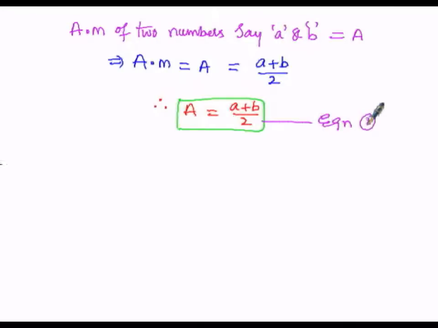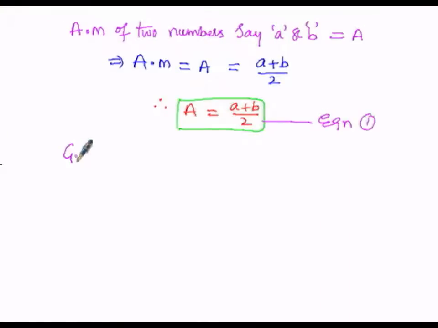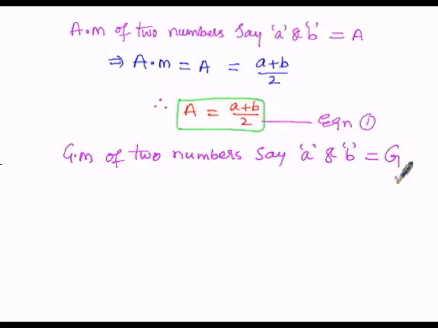Then now, as per the problem, the geometric mean of two numbers a and b is given by capital G. So that implies geometric mean GM is capital G, which equals the square root of the product of those two numbers.